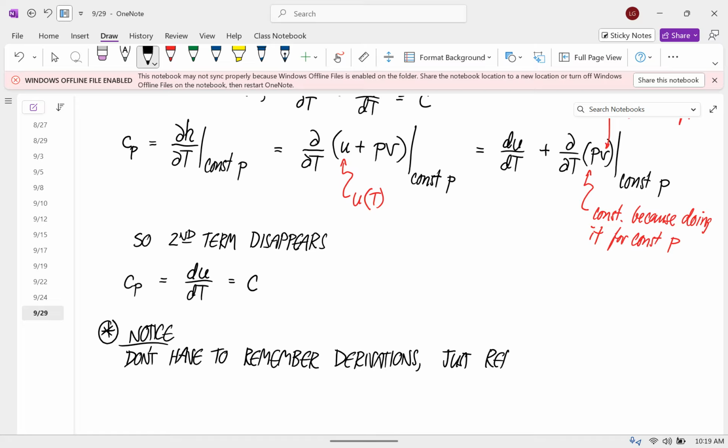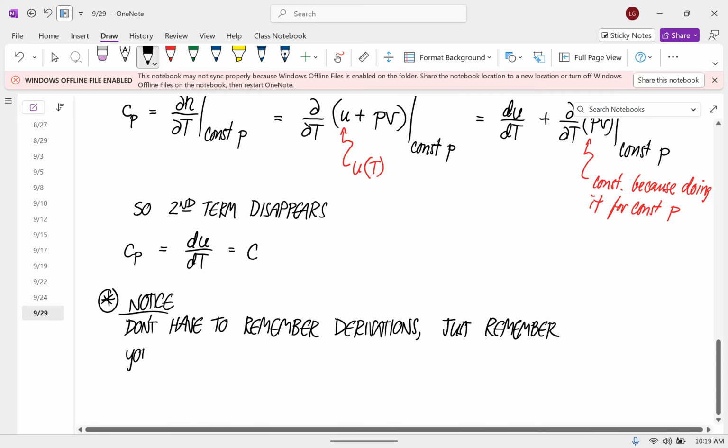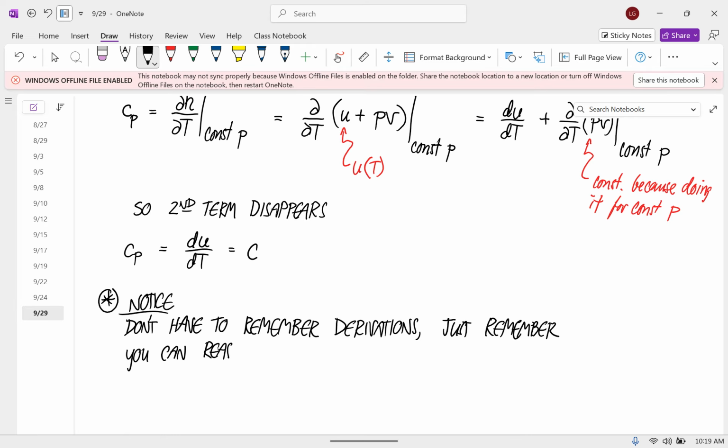Just remember that you can reason out, without crazy math or anything, why CV is equal to CP, and we just call it a single thing, and it's equal to the total derivative of U with respect to temperature.